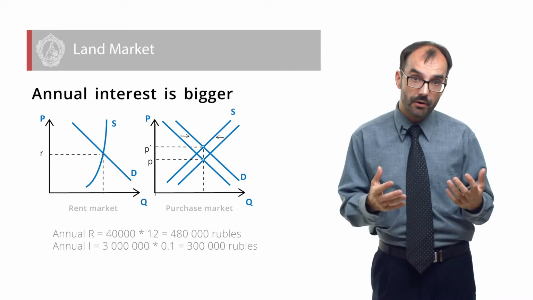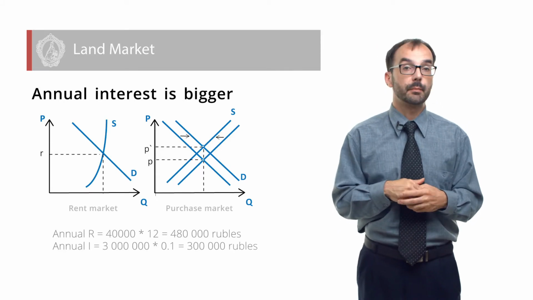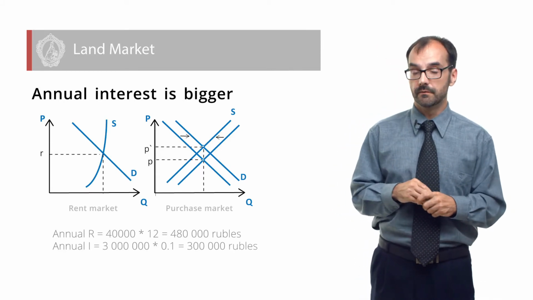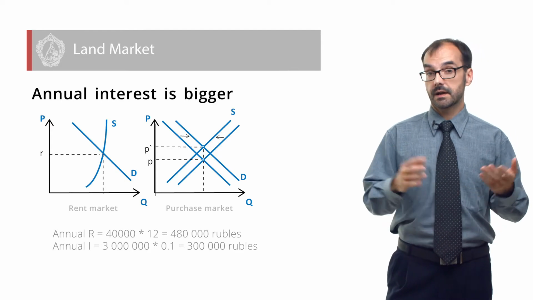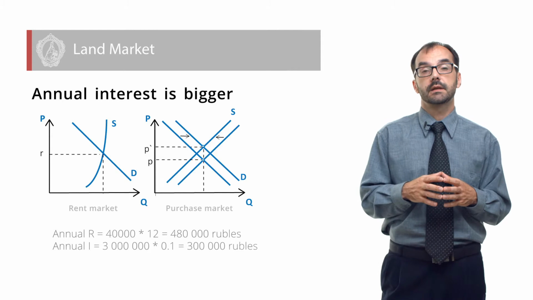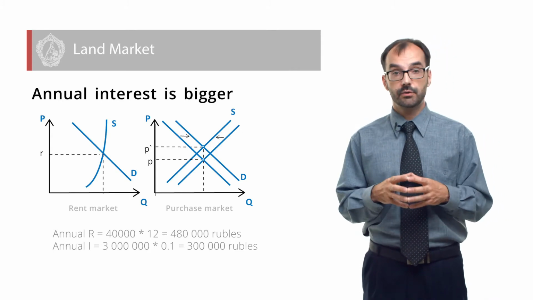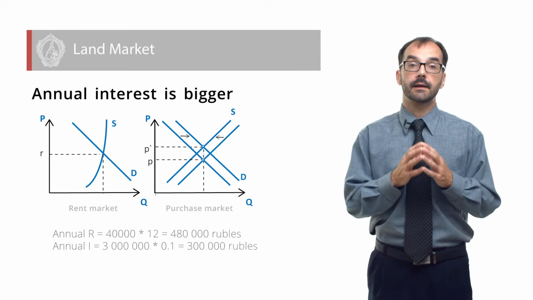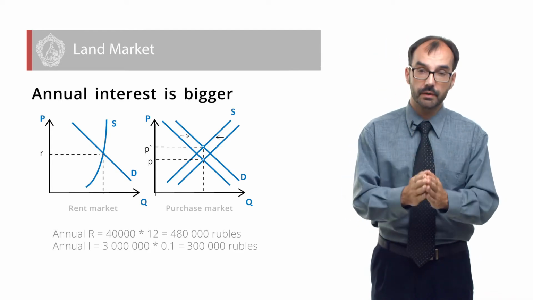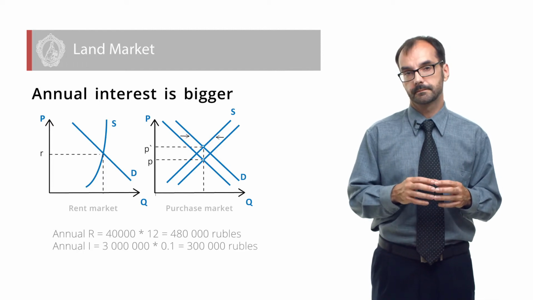So the demand curve for apartments will move to the right, and the supply curve for apartments will move to the left, because current owners of the apartments will be less interested in selling them. So the purchase price will eventually increase until it reaches the equilibrium price of 4.8 million rubles.